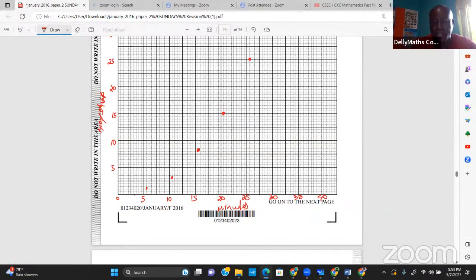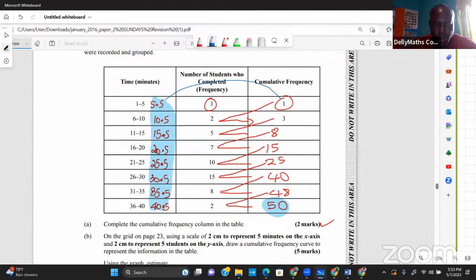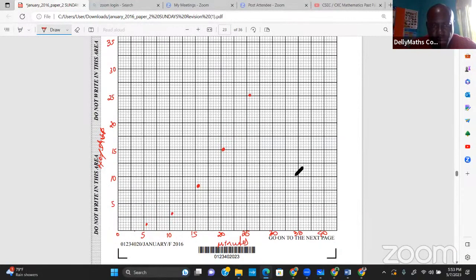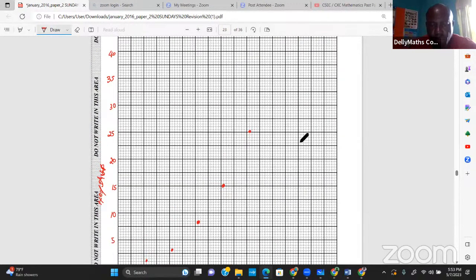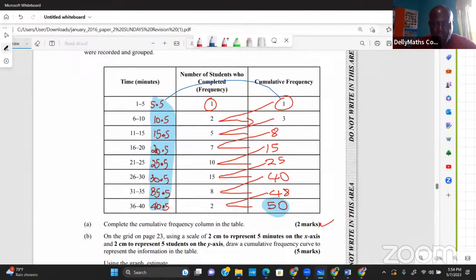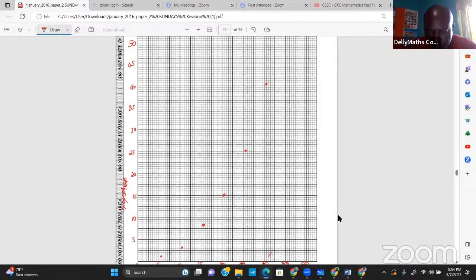All right, so we see our shape coming out nicely. 30.5 with 40. 35.5 with 48. And then 40.5 with 50. Right there.